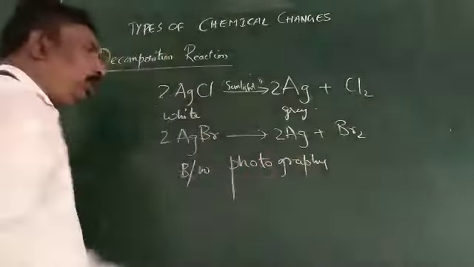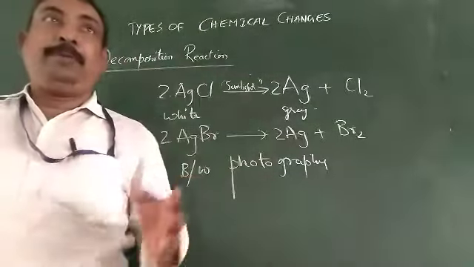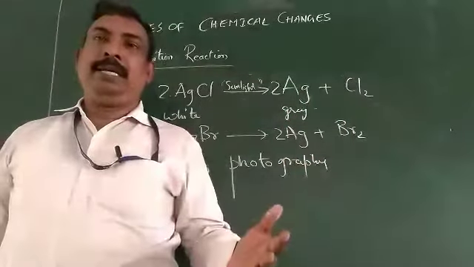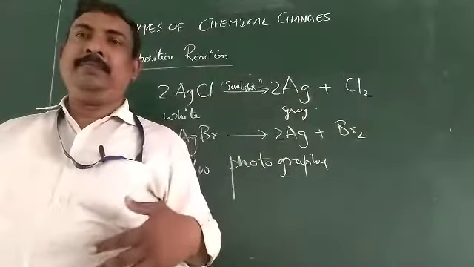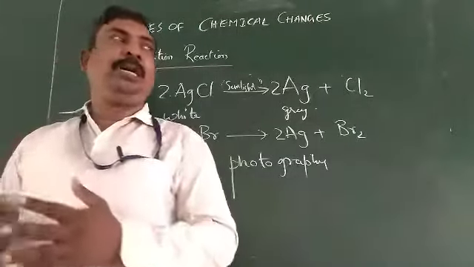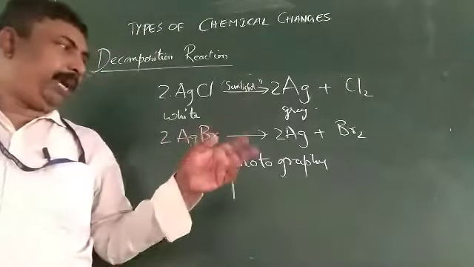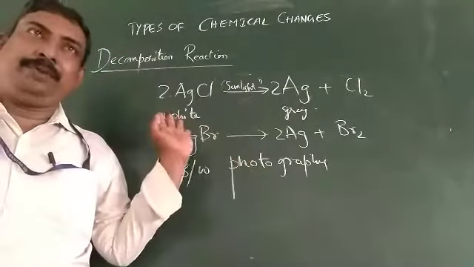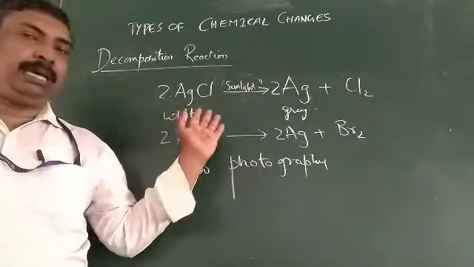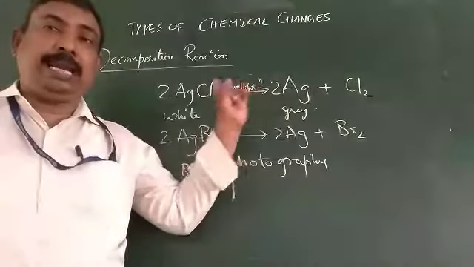In olden days, nowadays we have everything on cell phones and color printers, but long back, in your grandparents' days and my father's days, they used to use black and white photographs. So while printing black and white photographs, they used this chemical reaction. But here sunlight is required.